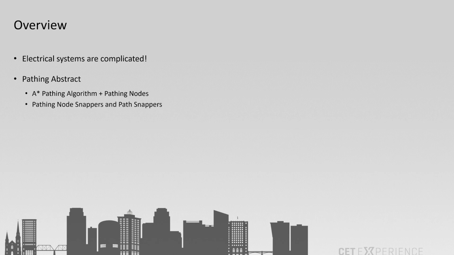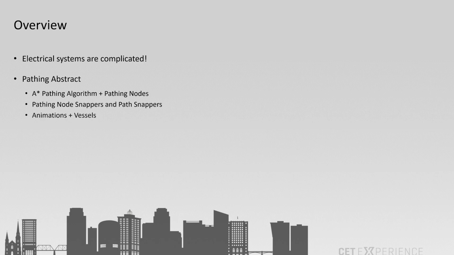So given that we are finding the path between nodes, we do have to be able to store state for created paths. So the pathing node snappers and path snapper classes are available to you for you to use, and these are foundational for how the pathing abstract works.